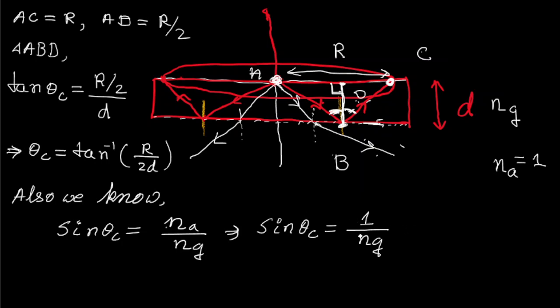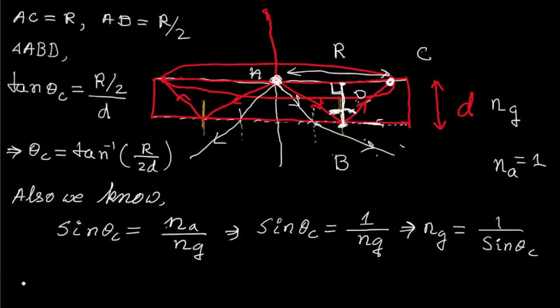The refractive index of air is 1, and the refractive index of glass we have to find out, so we assume it is n_c. If we want to write n_c, that is the refractive index of glass, it will be 1 by sine theta c. And already from this figure we have calculated this value of theta c.